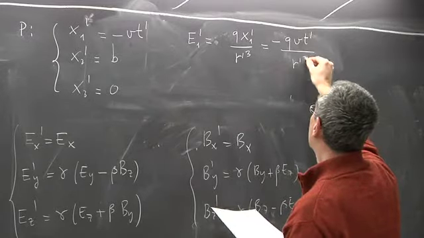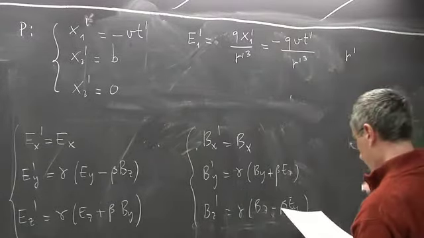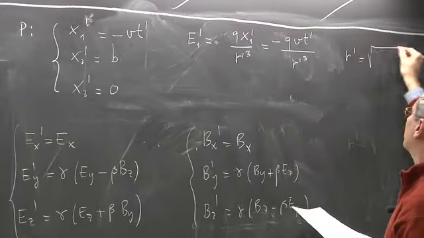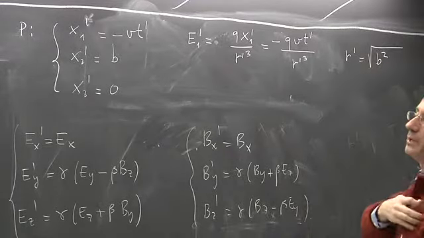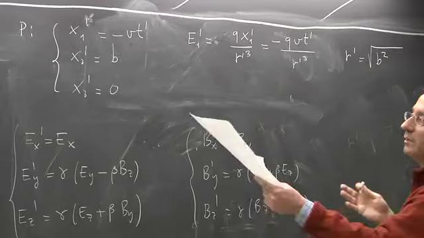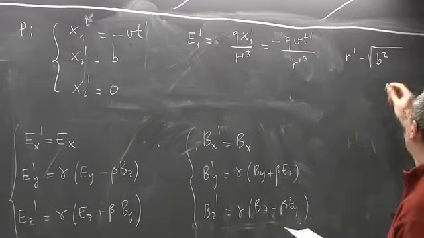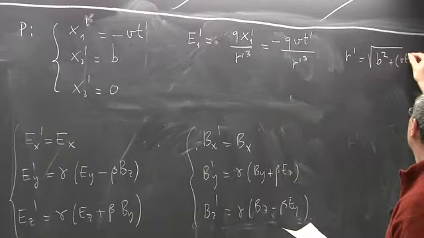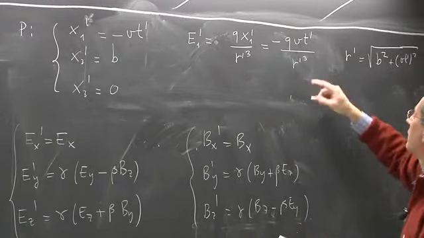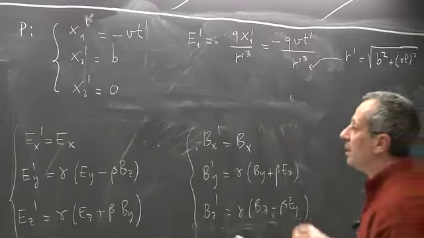over R prime cube. And remember that R prime square, by using Pythagoras theorem, is B prime square, but B prime is equal to B, plus V t prime square. So this goes down here.